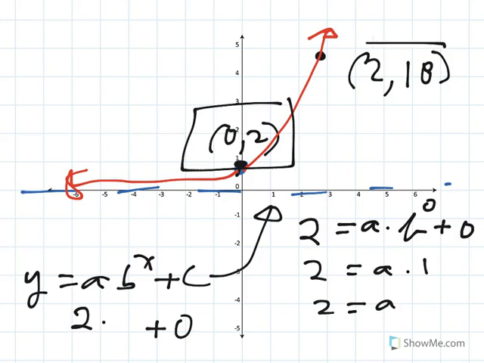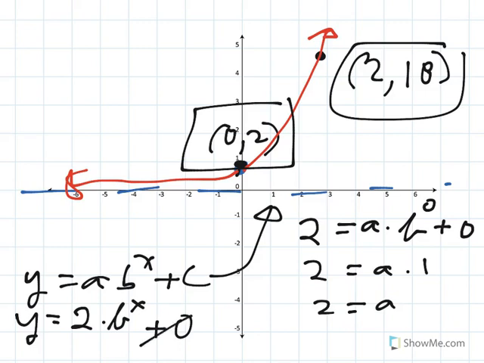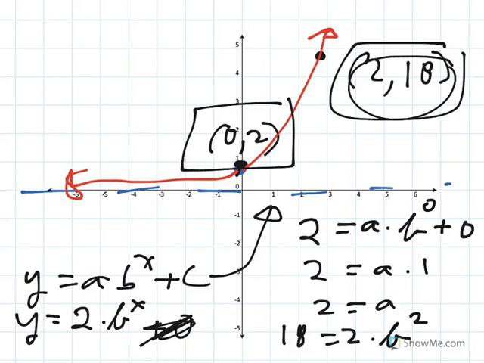Well, the way I get b is I take the equation I have so far, which is y equals 2 times b to the x plus 0, or just times, I don't need the plus 0 anymore, and if I plug 2 and 18 in for x and y, I get 18 equals 2 times b squared.